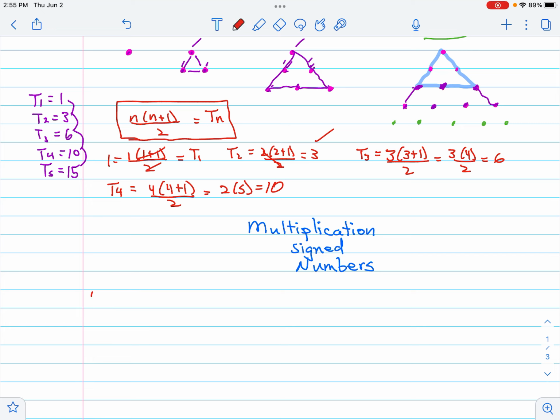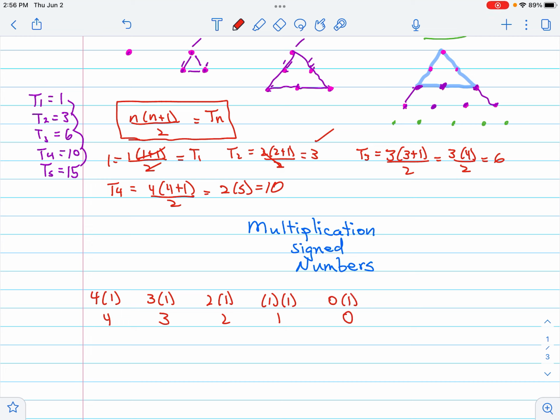Let's say we've got 4 times 1. Of course, that's 4. 3 times 1 is 3. 2 times 1 is 2. 1 times 1 is 1. And 0 times 1 is 0.